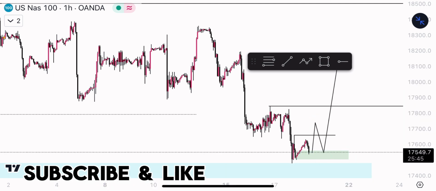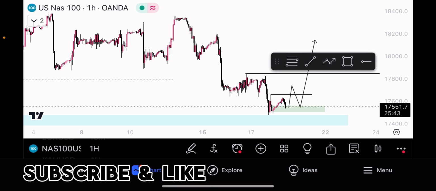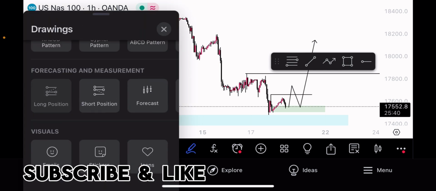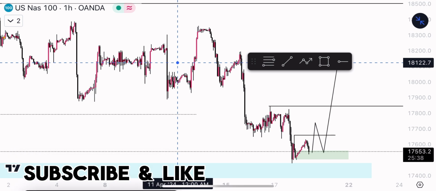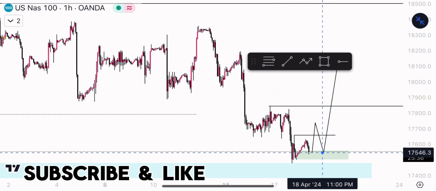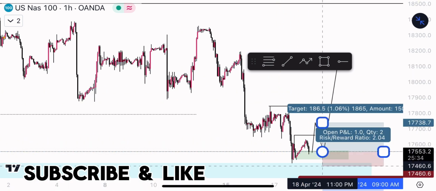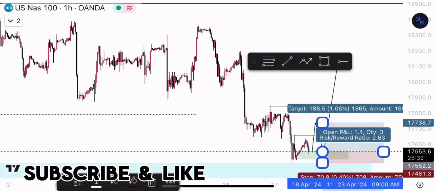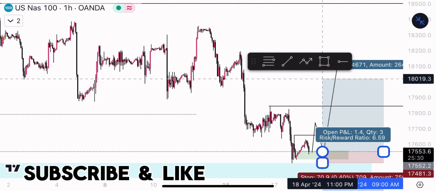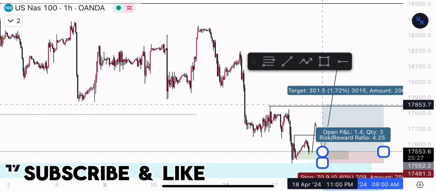Okay, if I use it, then I'll just have my position like this. I will put my stop loss below here, then maybe target this demand, or just above here.